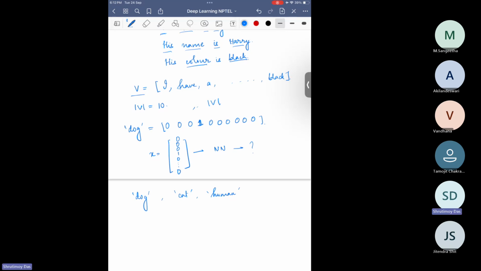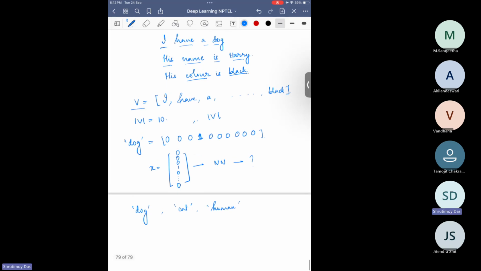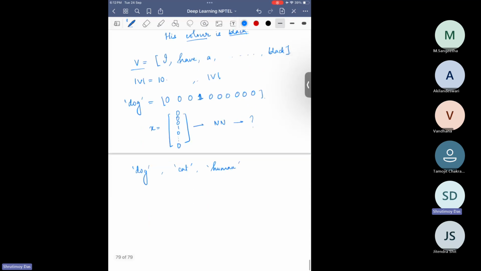So if you are doing some neural network based training or some task, you want the words dog and cat to be treated similarly. Suppose you have a question answering task, and the question is: what is an example of a pet? As an example of a pet, you can either give a cat or a dog. Why is that?